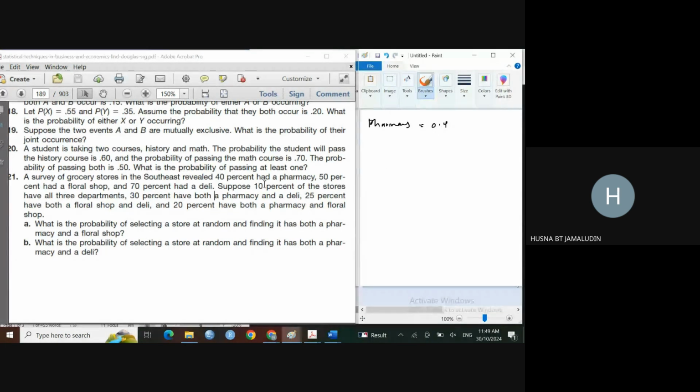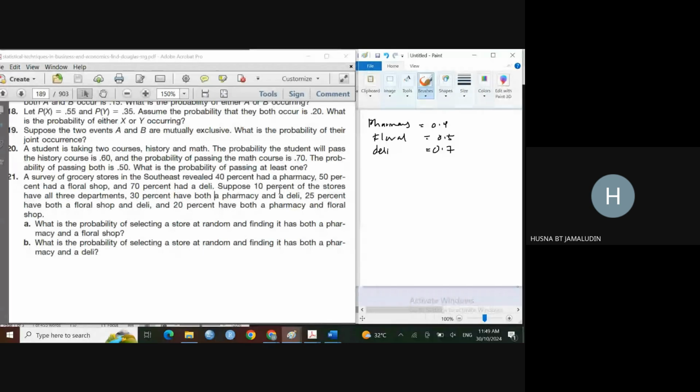So 40% had a pharmacy, 50% had a floral, so floral is 0.5. And 70% had a deli, so deli is 0.7.